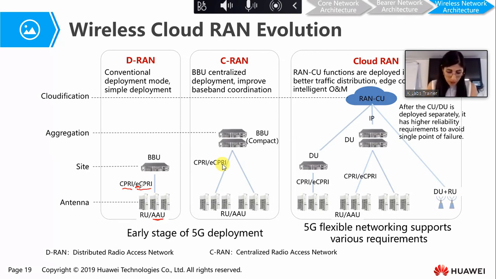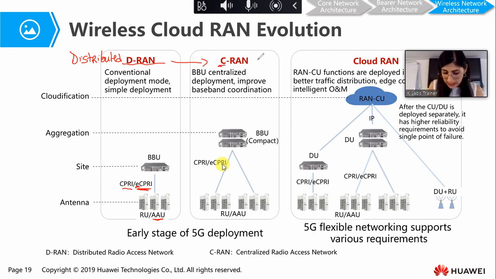So also the interface to communicate with the baseband unit is different. It is the enhanced CPRI, which supports up to 25 gigabit per second of rate. So with distributed RAN, here the D stands for distributed, our baseband unit and RF module are in the same place, on the site. Then we evolved to the centralized RAN.